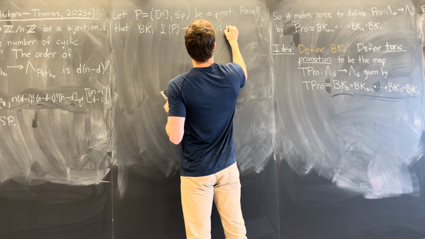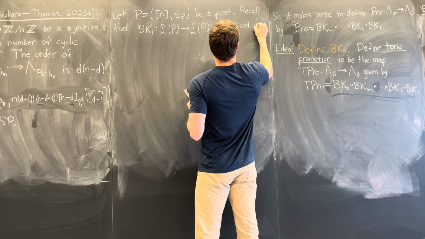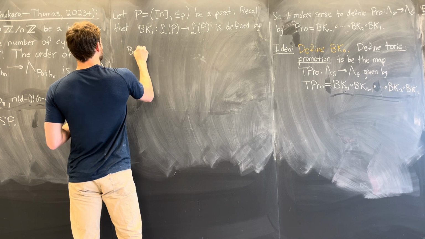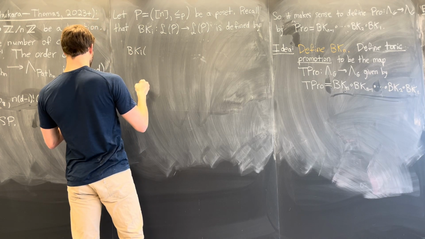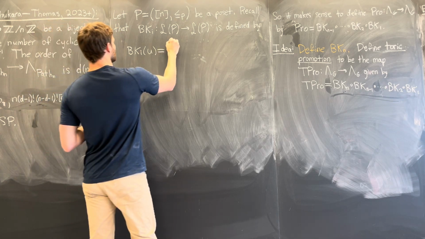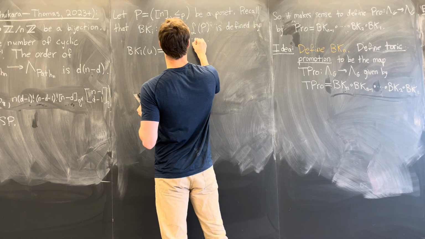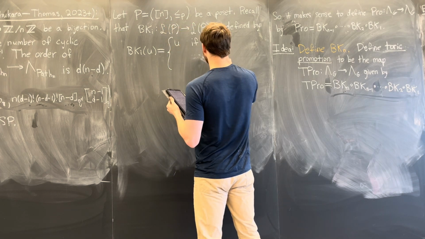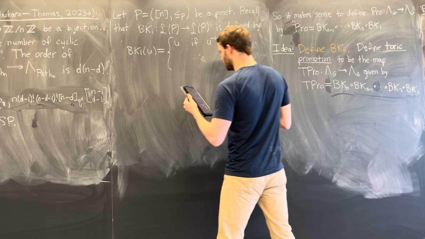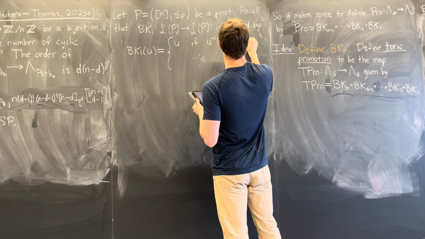So this is defined by, as before, bk sub i of a linear extension U should be U if U inverse of i is less than, in the poset, U inverse of i plus 1.